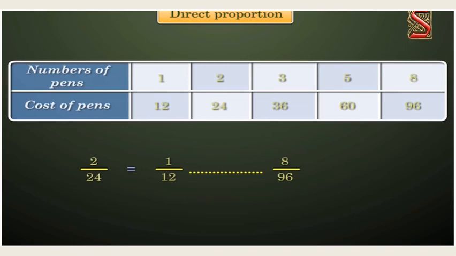Whether it is 2 upon 24, 2 ones are, 2 twelves are, it becomes 1 upon 12. Similarly, whether it is 8 upon 96, 8 ones are, 8 twelves are, it becomes 1 upon 12. So all these values, when considered in the form of ratio, give us a constant value 1 upon 12.